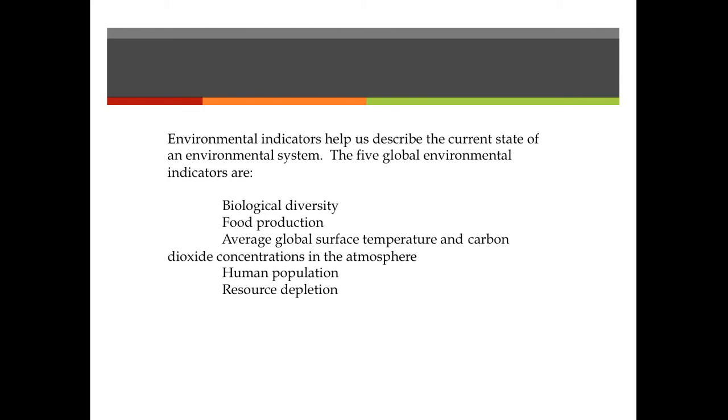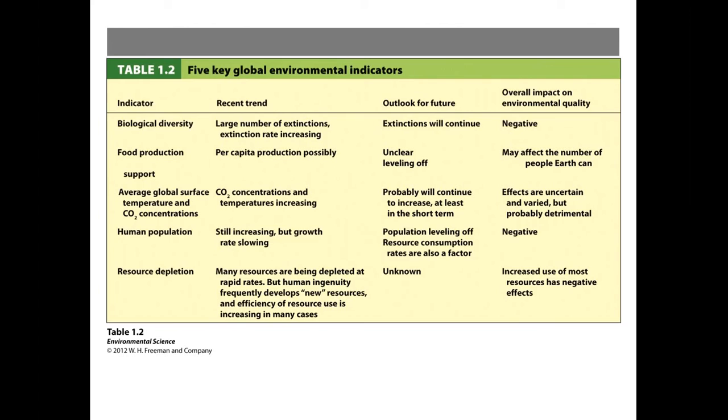Those are biodiversity, food production, the average global surface temperature and global carbon dioxide concentrations in the atmosphere, our human population, as well as resource depletion, so how resources are being used. And here's a table showing you those 5 key global indicators, their recent trends, the outlook for the future, as well as their overall impact on environmental quality.